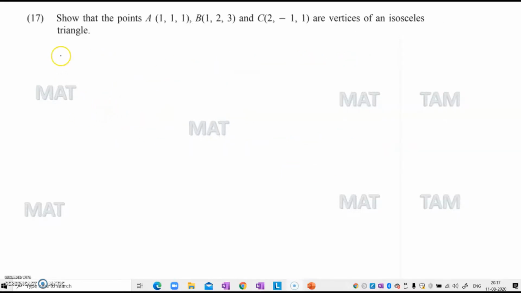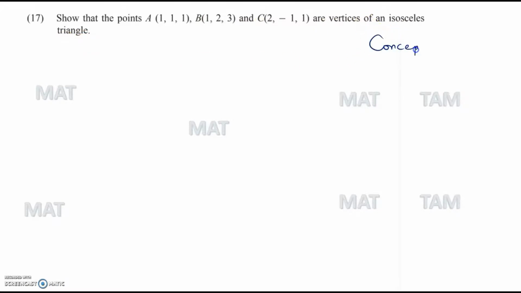Question number 17. Show that the points A, B, C are vertices of an isosceles triangle. So what's the concept here? The concept would be the triangle is isosceles, which means two sides should be equal.